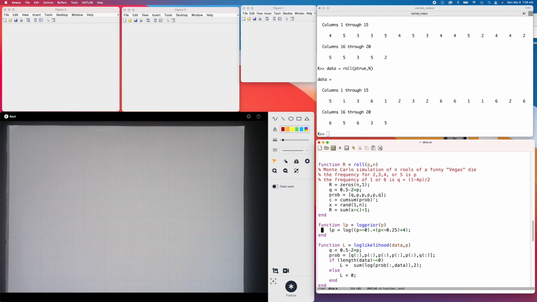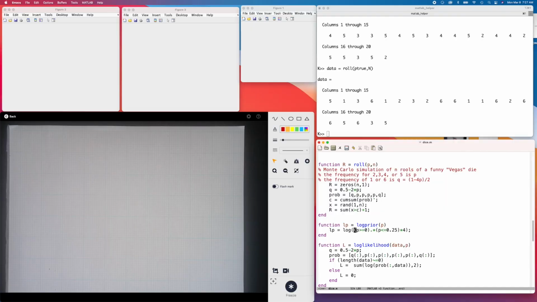And it's very simple. It just takes the logarithm of the value of the prior, which is either 4 or 0. It's 4 if it's on the interval of 0 to 1/4, and it's 0 outside of that. So this is how it's done with these conditional statements. If p is greater than or equal to 0, good. And if p is less than 0.25, good.